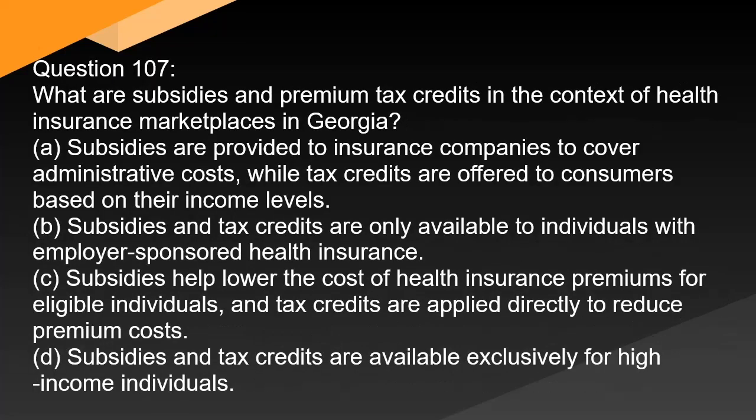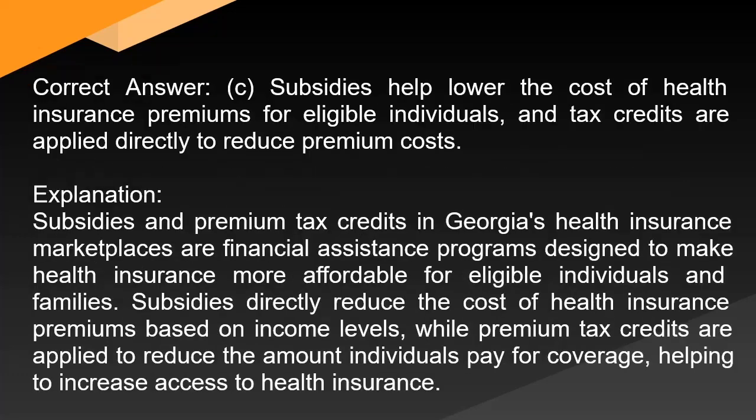Question 107. What are subsidies and premium tax credits in the context of health insurance marketplaces in Georgia? Correct answer: C. Subsidies help lower the cost of health insurance premiums for eligible individuals, and tax credits are applied directly to reduce premium costs.